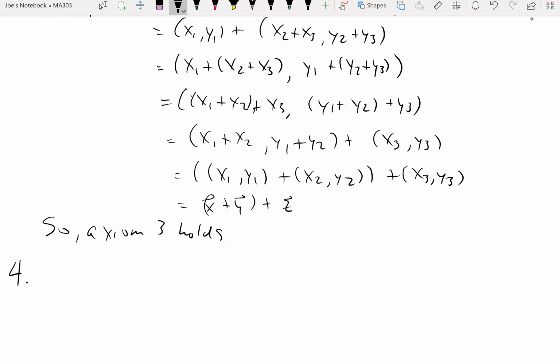Zero has to be in the set, right? Yep. Just because there might be a zero vector doesn't necessarily mean that it's a zero vector that's in the set. It actually has to be in there. And it has to be a fixed vector. You don't get to change the vector depending on what vector you're using. What I mean by that is, if I had 2 plus 0 is 2, okay, that's fine, but I don't want to say that, oh, 3 plus 1 is 3.